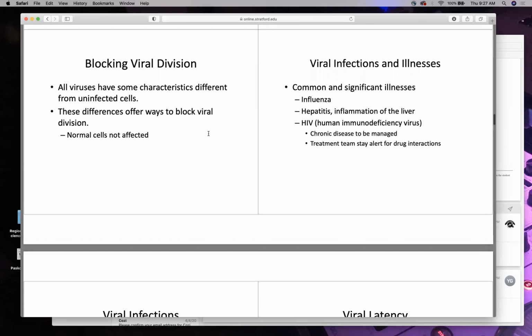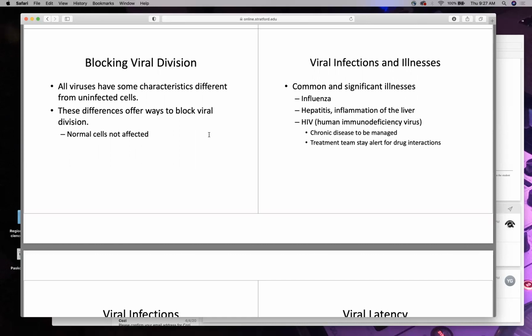It doesn't really kill the viruses, but it stops them from dividing, which is a common strategy in HIV. We can't kill it, but we can stop it from spreading, right? You can look at it kind of like the way you have bactericidal medication and bacteriostatic medication. So that's one strategy, okay?